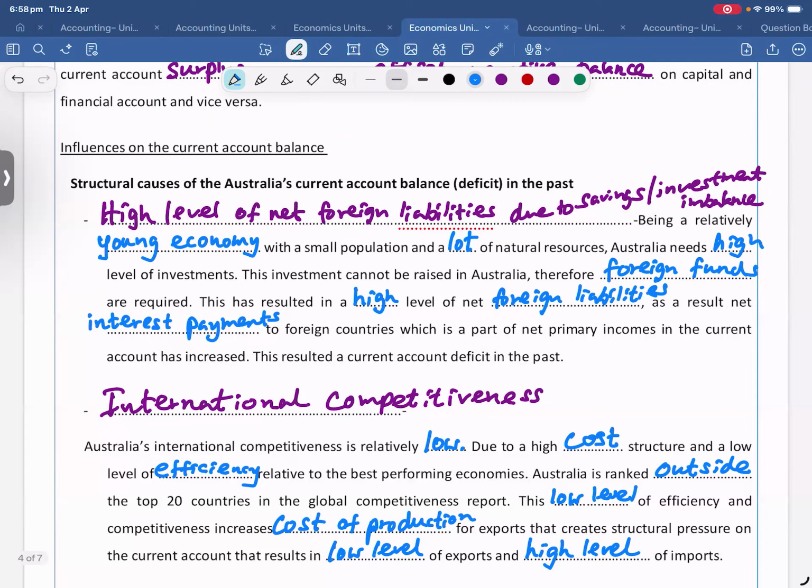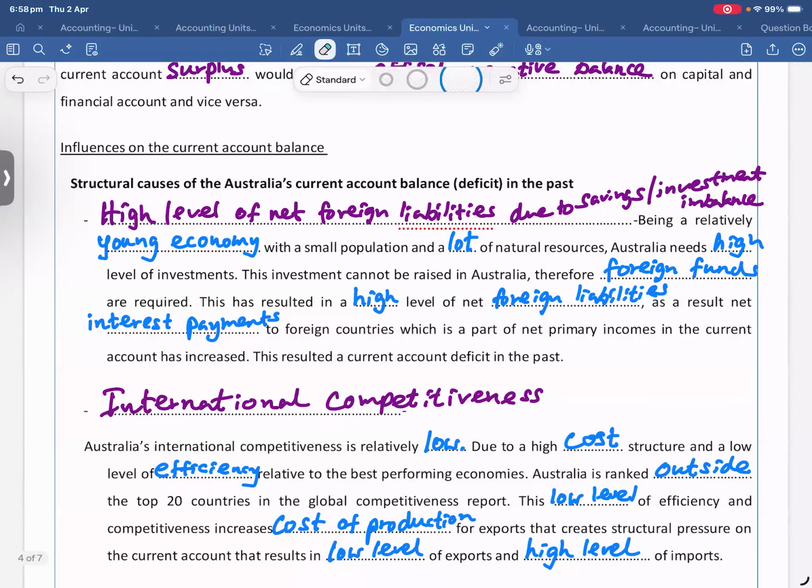Savings imbalance. That means we don't have enough savings in the household. So when there are not enough household savings, the investors and businesses, let's say we want to purchase a property, don't have enough money to borrow from the banks. Why?